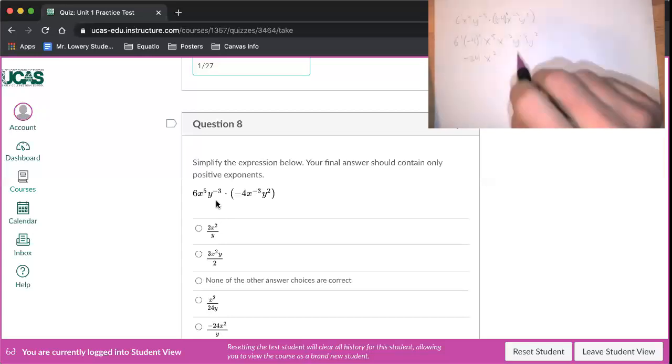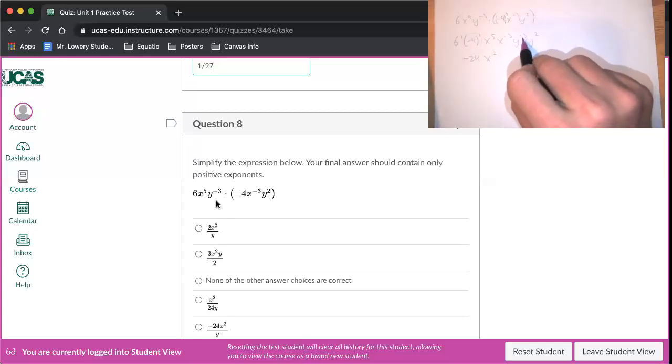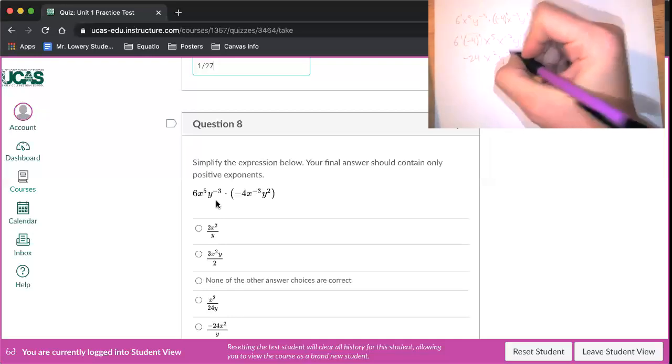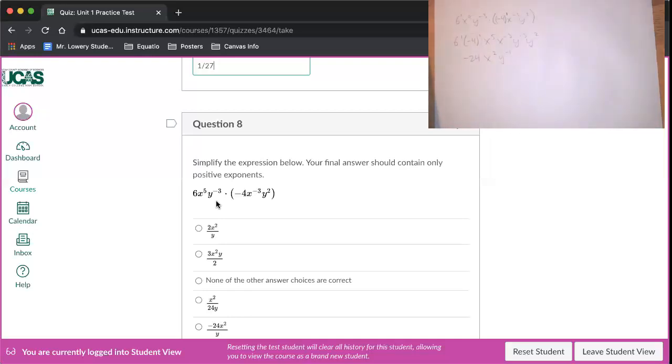Okay, and then we have y times y, so we're going to add the exponents here again. That's the product of powers. That's going to give us y to the -1. Okay. All right, so we're almost done. We don't have any other weird parentheses. We don't have any other powers to multiply through or anything like that.